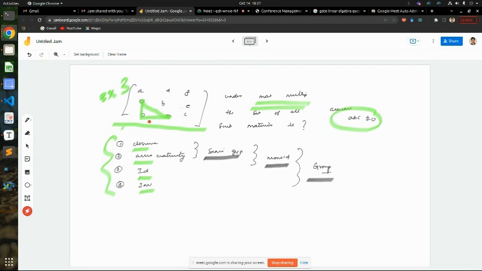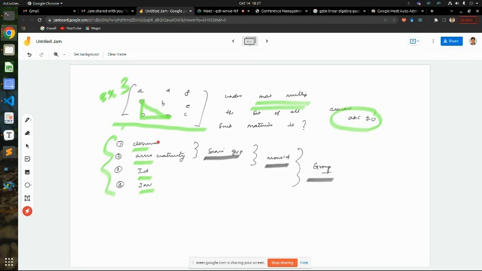Right? Now they have given us the set of matrices and they have given us one operation, that is matrix multiplication. Now the task is to find if the set together with the matrix multiplication operation forms a monoid or a semigroup or a group. Right? Now for this we need four properties, that is closure, associativity, identity and inverse. What does closure mean?